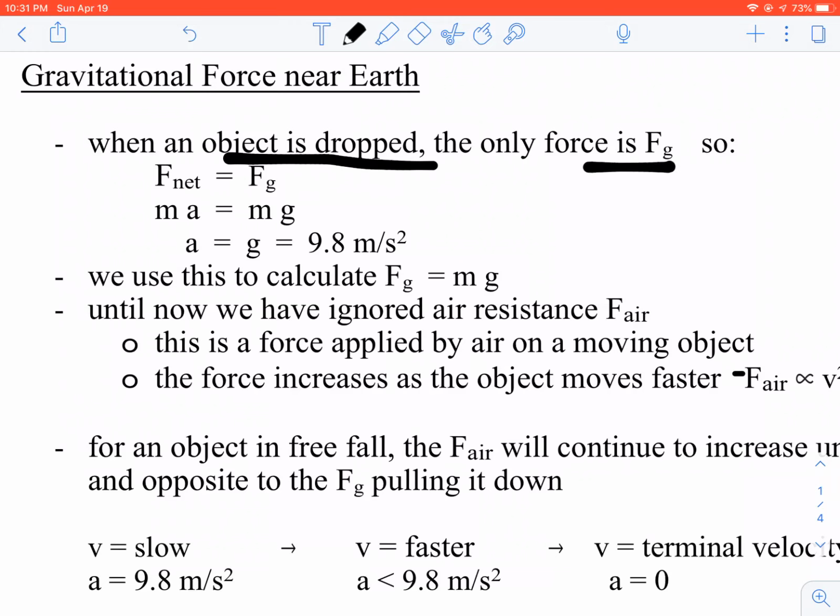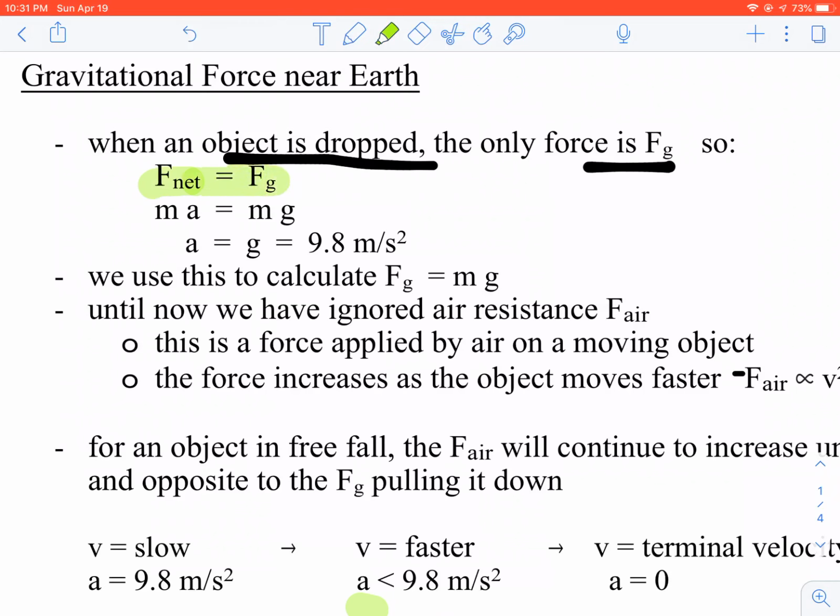So if I was to say what is the sum of all the forces acting on that object, just think about holding your pen beside you and dropping it to the floor. If it gets super fast, there'll be air resistance. I'll talk about that in a minute. But between your fingers and the floor where it's going to land, it's going to accelerate because there's only one force acting on it, and that is the planet. So we know that the net force acting on that pen that you're dropping is equal to Fg.